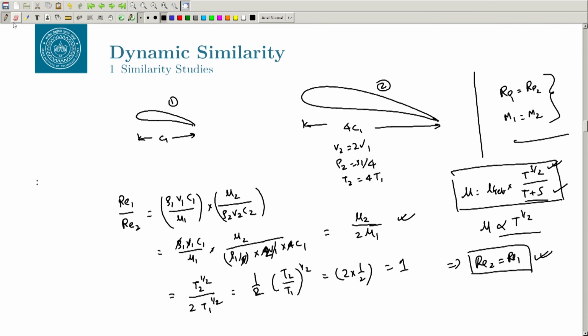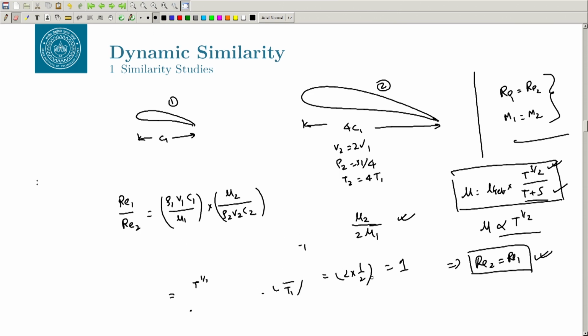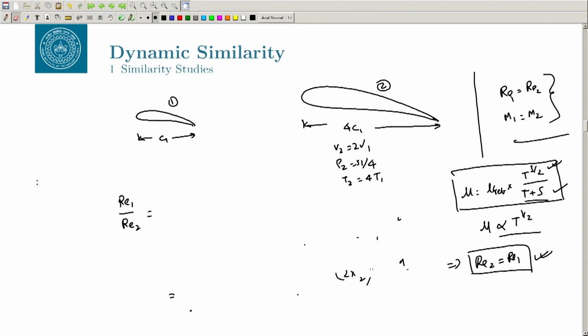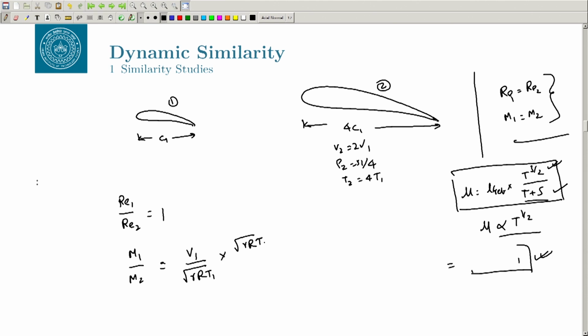Now, let us look at the Mach number. I will just do it quickly here. So, RE2 equal to RE1. Now, we want M1 by M2. So, M1 is basically V1 by square root of gamma R T1, and M2 is V2 by square root of gamma R T2.